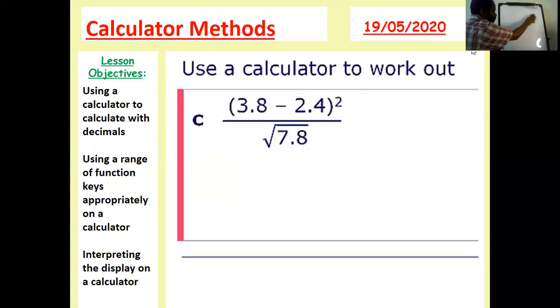This one involves many operations. So, what I'm going to do is use my fraction button.